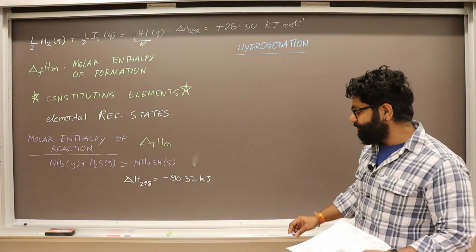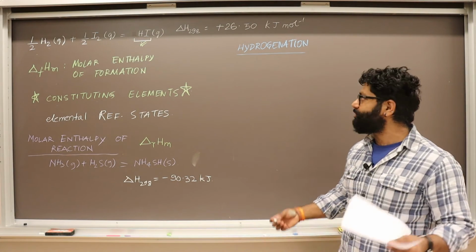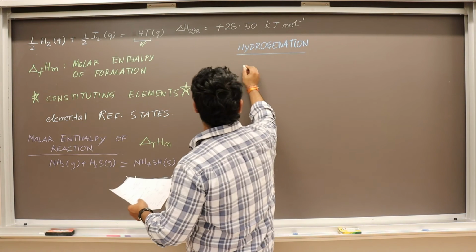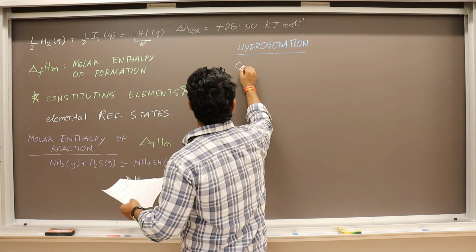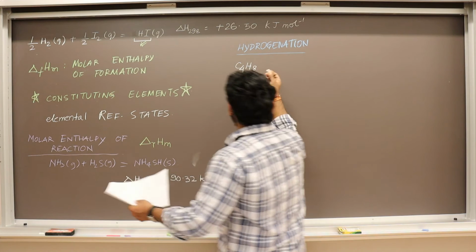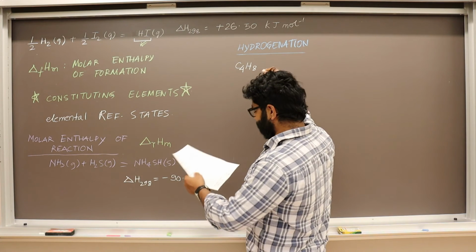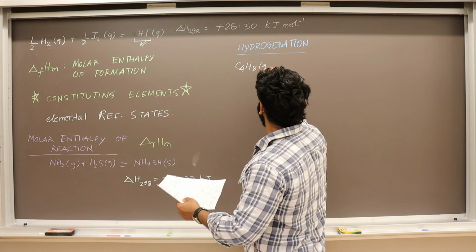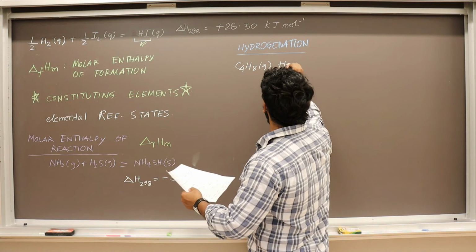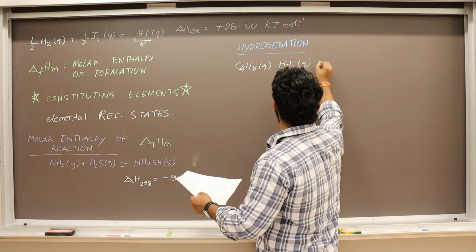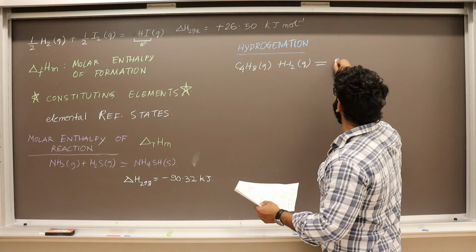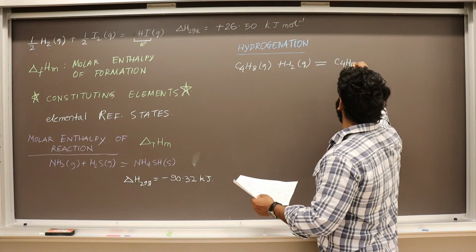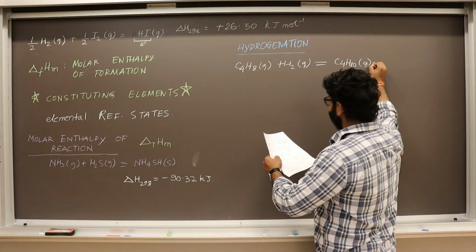Okay, so this is very common in organic chemistry, in which say you have a compound, an alkene, right, with an unsaturated bond in it. So this is in the gaseous phase. We have hydrogen in the gaseous phase. This gives rise to C4H10, which is again in the gaseous state.